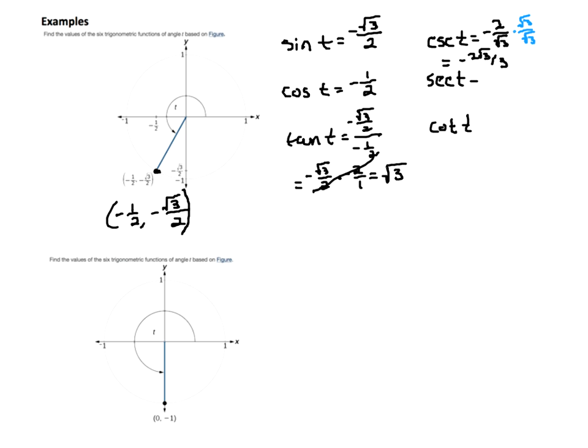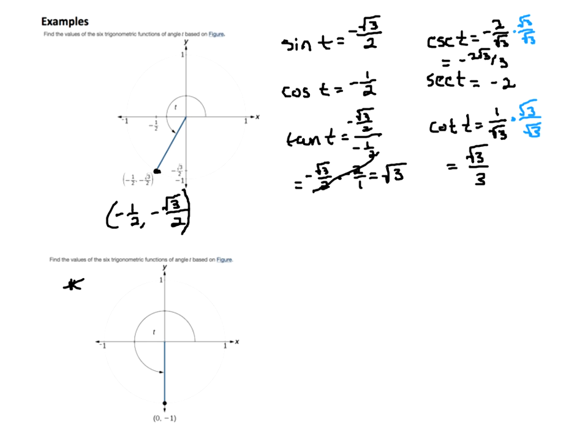The secant is the reciprocal of the cosine, so this is just -2. And the cotangent is the reciprocal of the tangent, so that's 1 over the square root of 3. I have to rationalize. Square root 3 over square root 3 gives me square root 3 over 3.